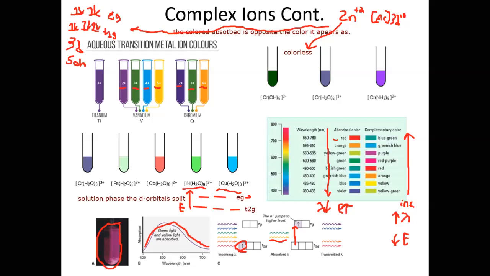So again, let me explain this. Down here in this example, we only had one electron. When the light passes through, this one electron absorbs the yellow-green light and moves to an empty Eg orbital. Since it absorbed yellow-green, it's going to appear as purple because all the other colors that pass through give it the purple appearance. Now, with zinc 2+, its electron configuration is argon 3d10.